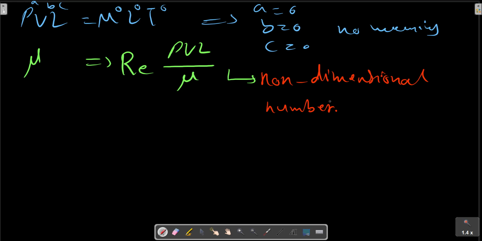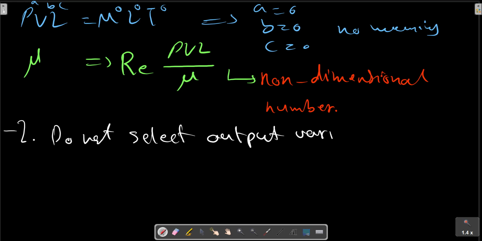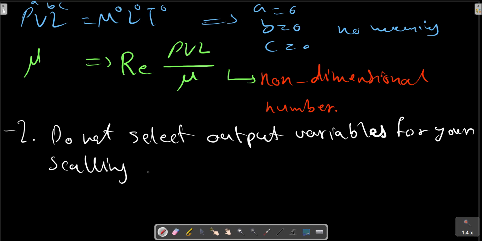Certainly do not select F, which in this case of the problem, if we encounter a force in an experiment, for example.